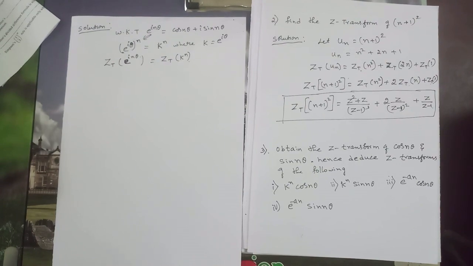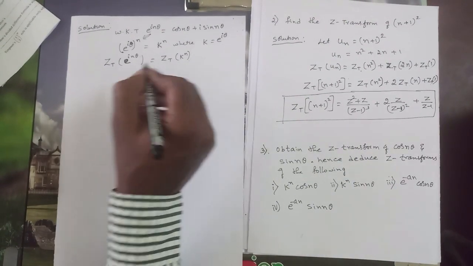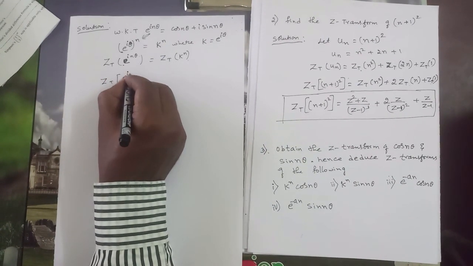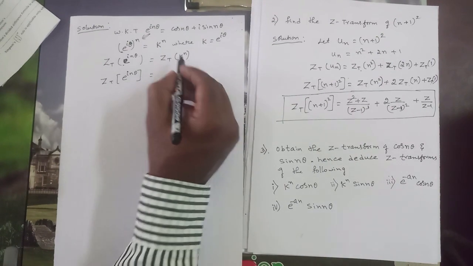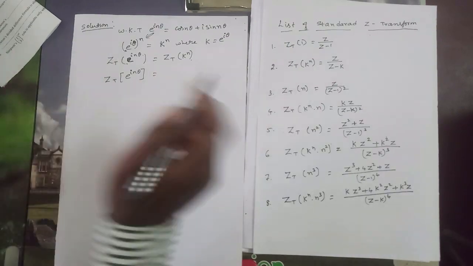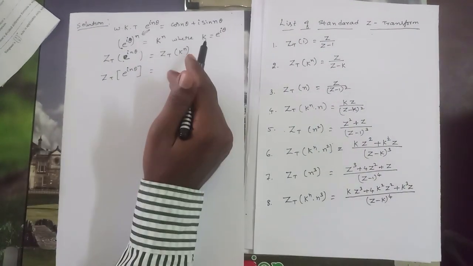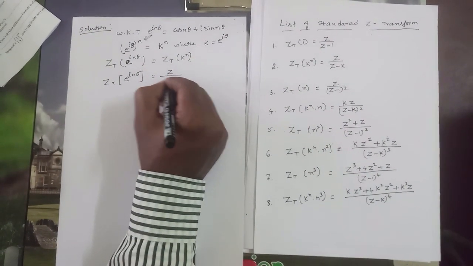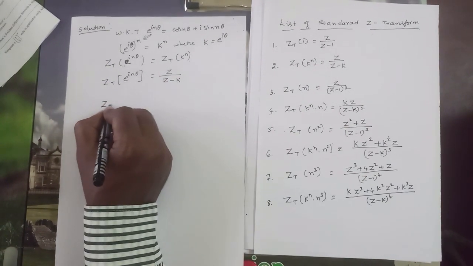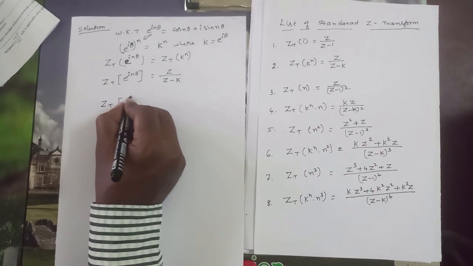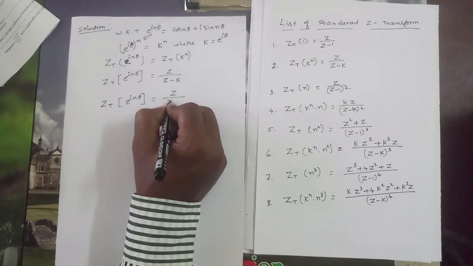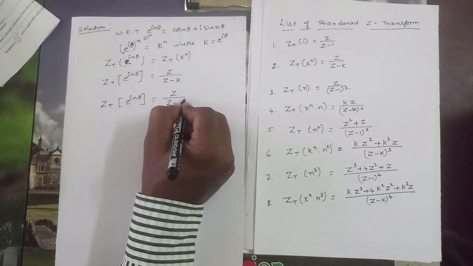What is z transform of k to the power of n? Here z transform of k to the power of n is z divided by z minus k. What is k? K is e to the power of i theta. So z transform of e to the power of i n theta equals z divided by z minus e to the power of i theta.